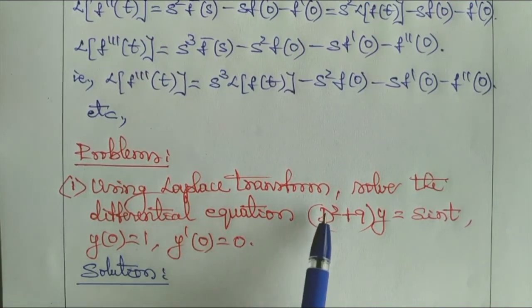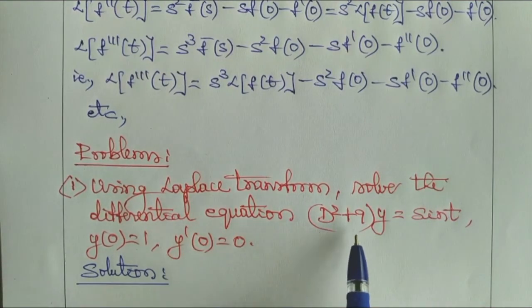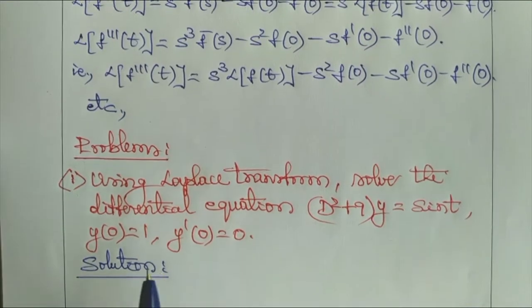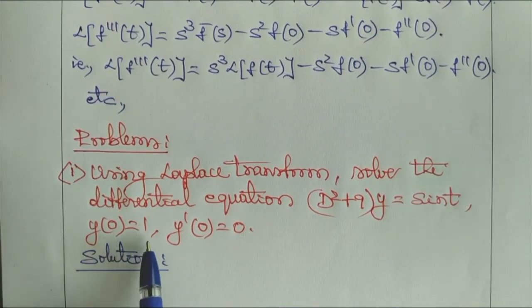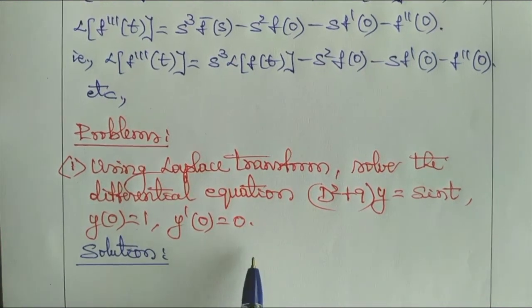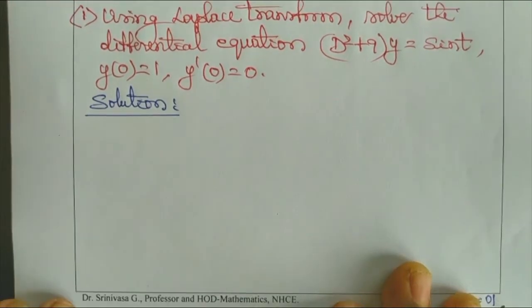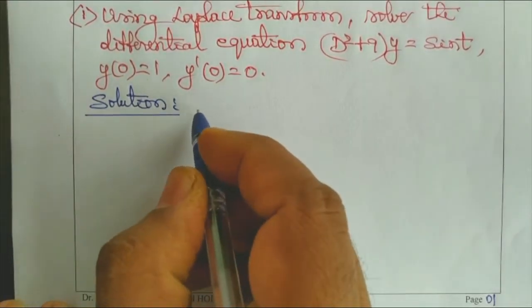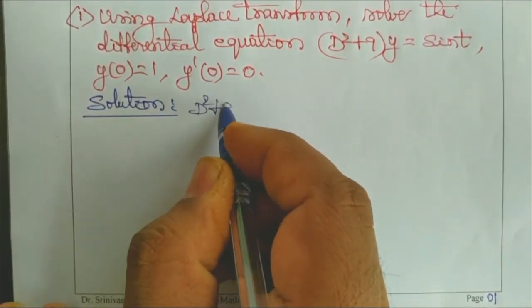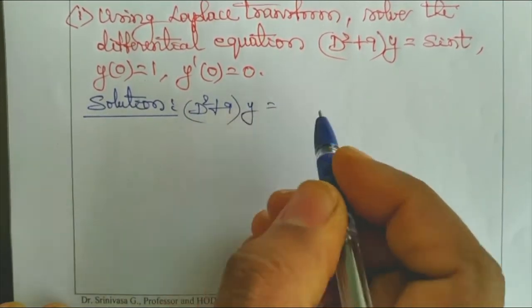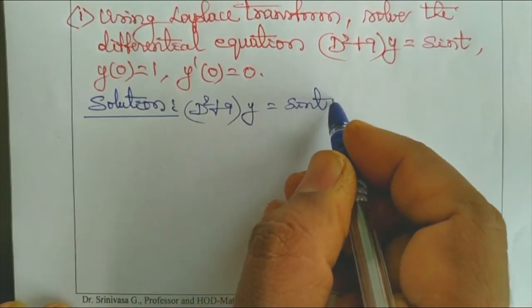Using Laplace transform, solve the differential equation D square plus 9 into y is equal to sin t. Conditions are y of 0 is equal to 1, y dash of 0 is equal to 0. Now how to solve this one? D square plus 9 of y is equal to sin t.